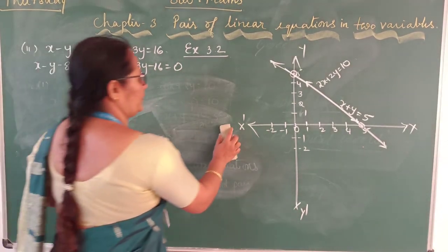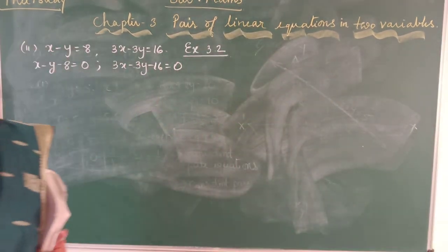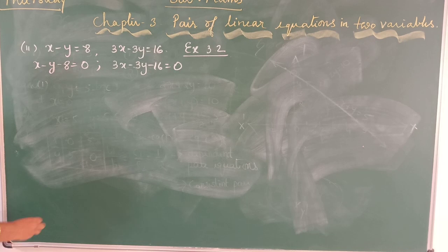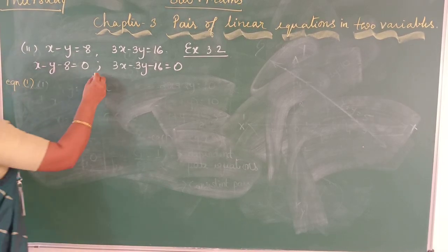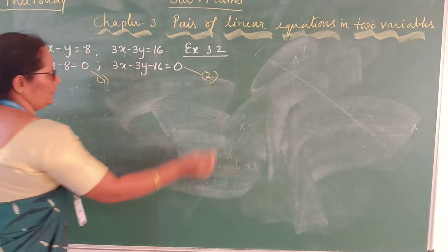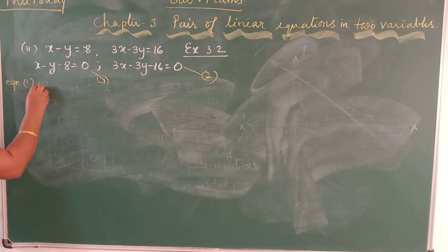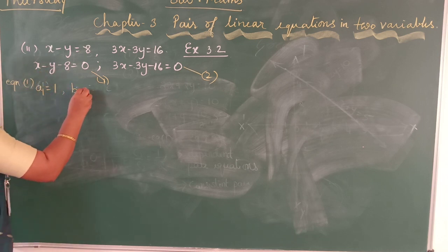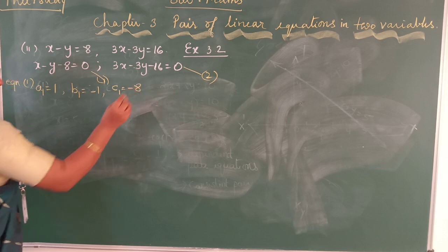Now, find the ratios. Here this is equation 1 and this is equation 2. In equation 1, what is the coefficient of x? That is a1, which is 1. And the coefficient of y is minus 1, and the constant term is minus 8.